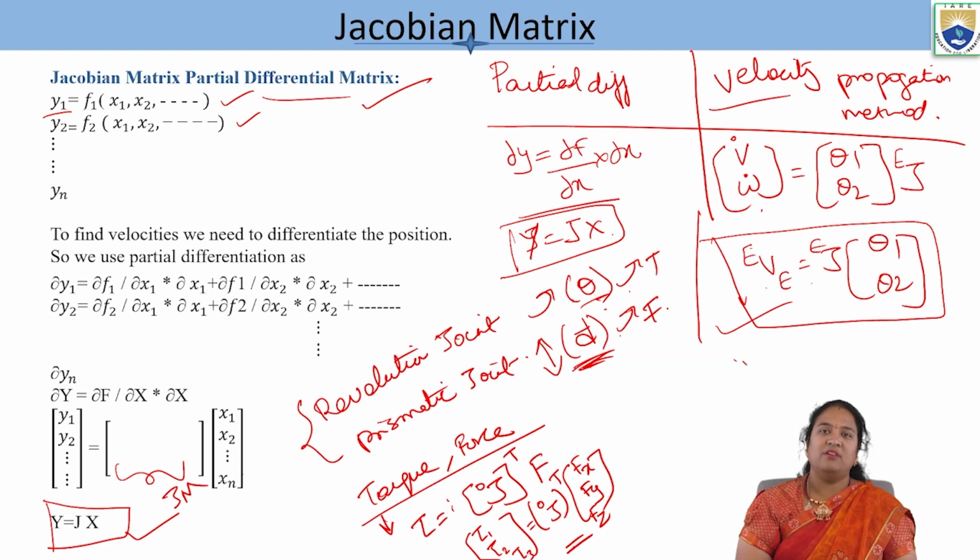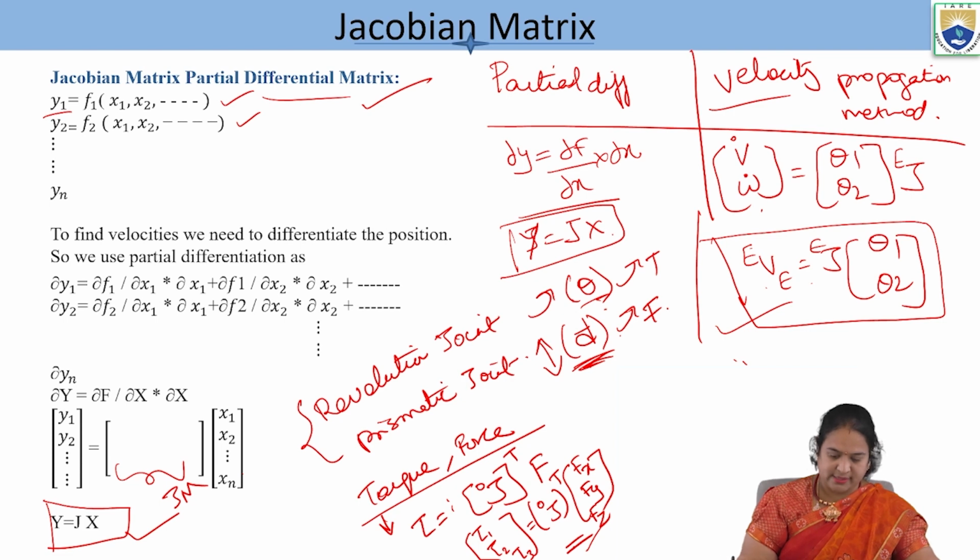When we need to find out the torque and the force, we take the equation as torque is equal to the Jacobian transpose into the force, that is T1, T2, T3 is equal to Jacobian transpose into Fx, Fy, and Fz.